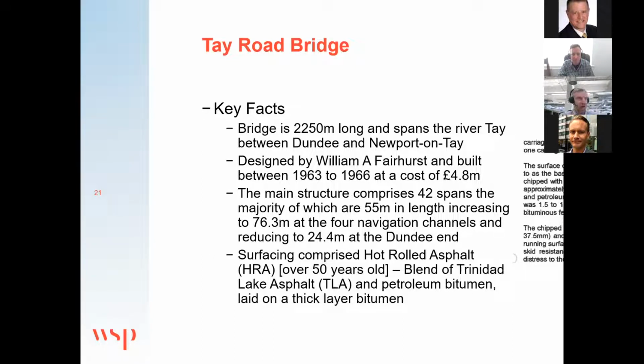It's made of hot rolled asphalt material, but it's blended with Trinidad Lake asphalt. And this is what created this amazing material. The material is still on the bridge deck. There's been surface dressing, which is coated chippings, but the original material is still there. It is an amazing material. Understandably, the reason for this project is we need to have a look at it, and they're looking to replace it.